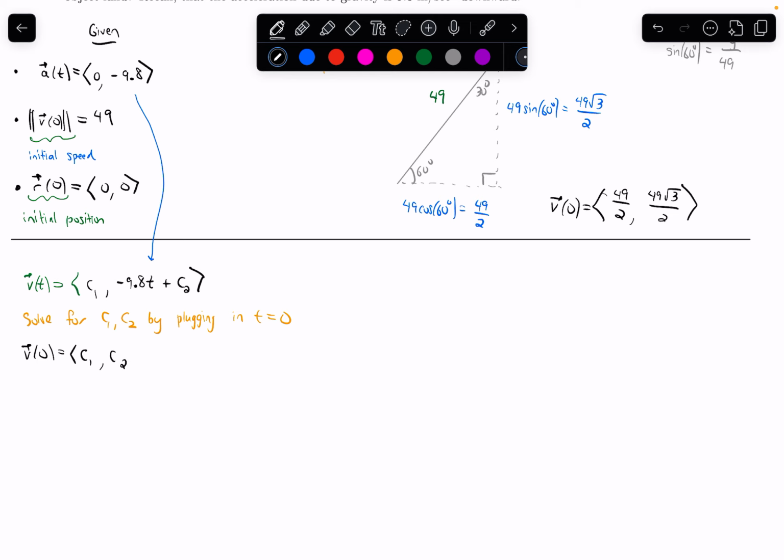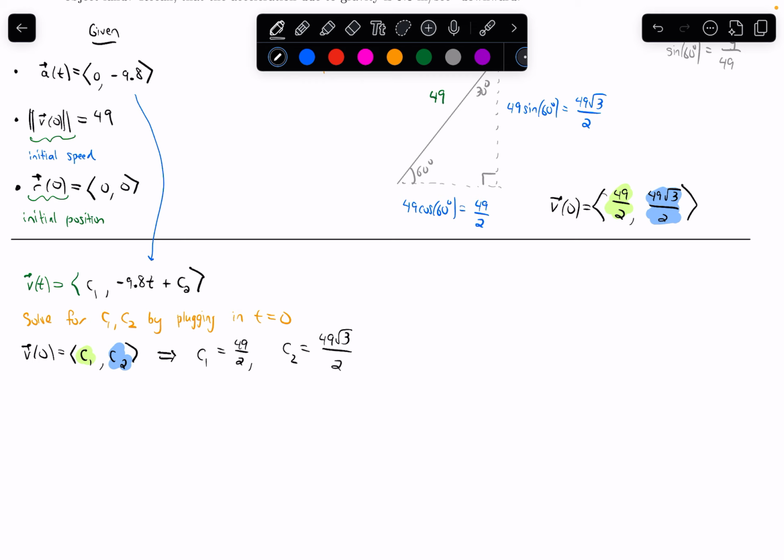C1 comma C2. Okay, so that should match this initial velocity vector. So these x components should match, and these y components should match. So matching them, I get that C1 is 49 over 2, and that C2 is 49 root 3 over 2.